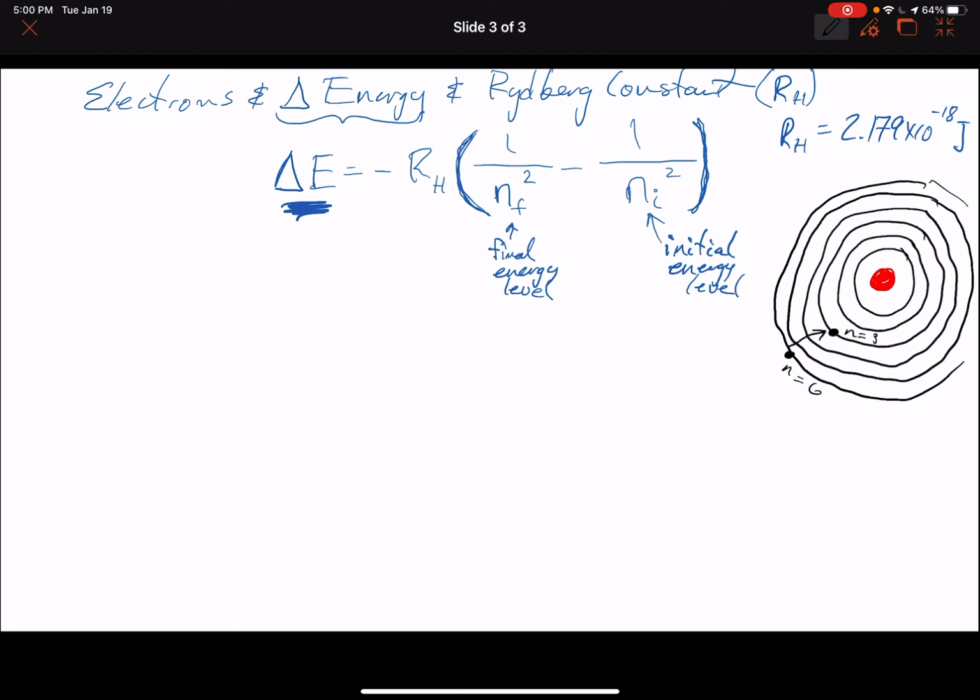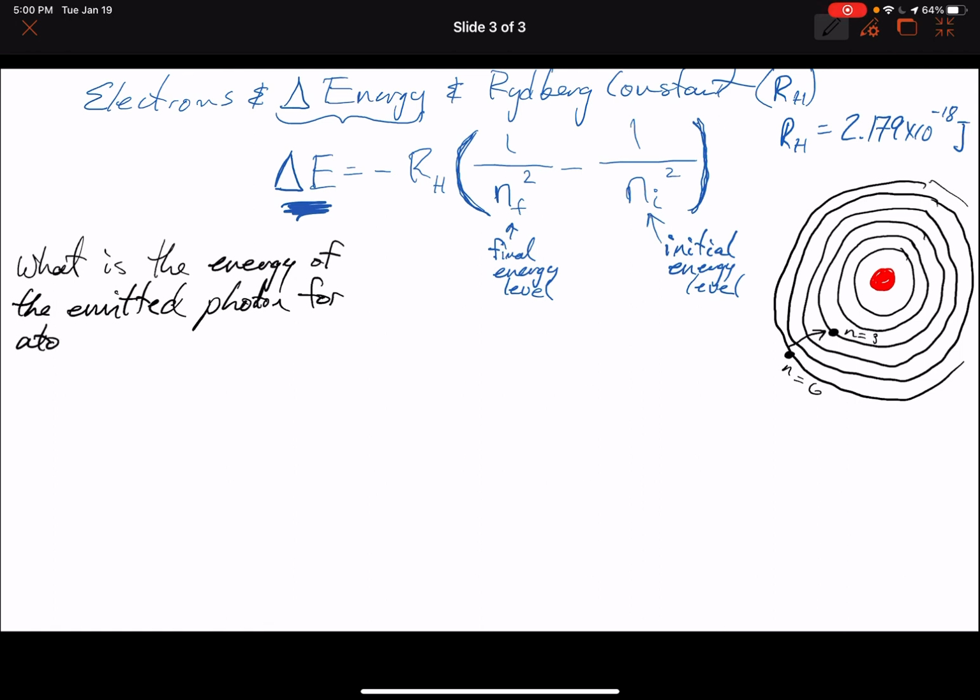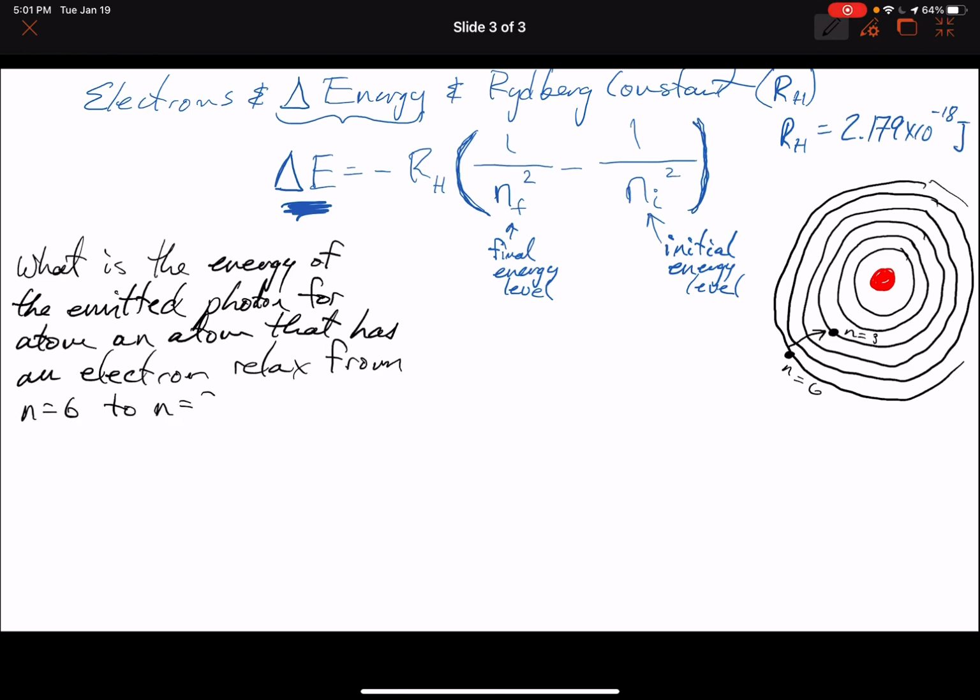So the question is, what is the change in energy associated with this? Okay, so what is the energy of the emitted photon for an atom that has an electron relax from n equals 6 to n equals 3?